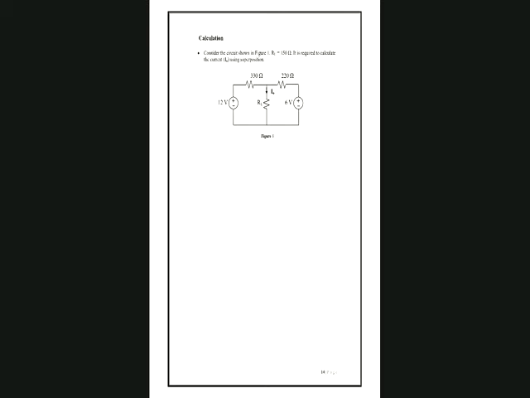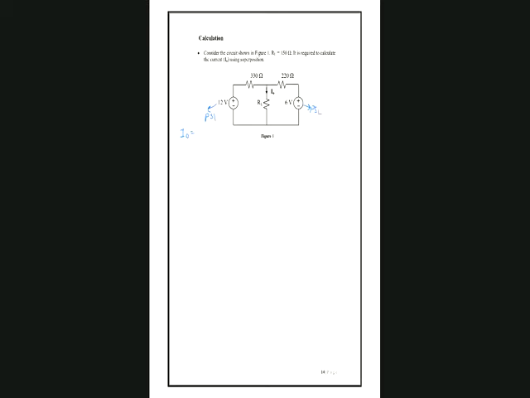Here in this diagram, first you have to find out I naught due to two sources. This is your PS1, power supply 1, and this is power supply 2.